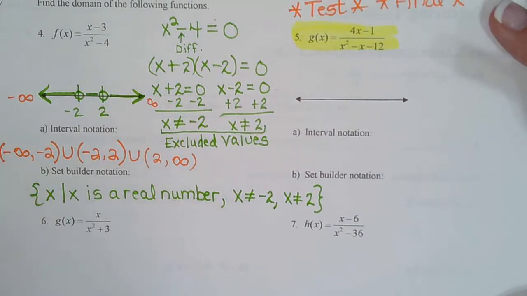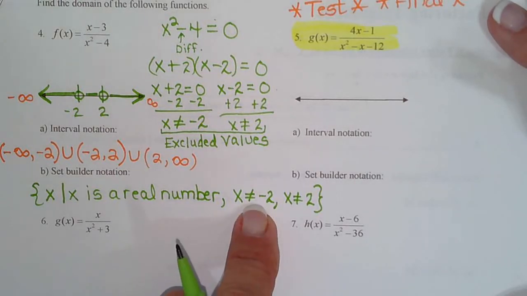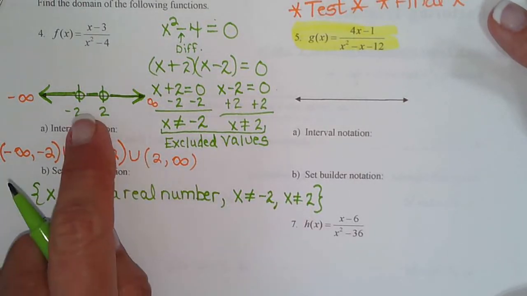And that's how we write the set builder notation. So x is a real number, except x can't be -2 and x can't be 2.